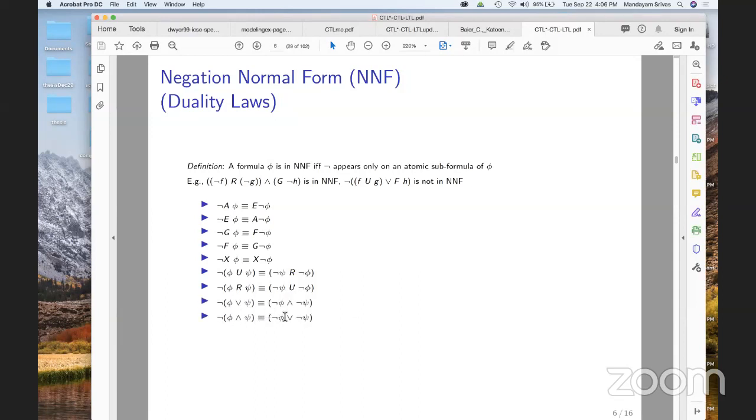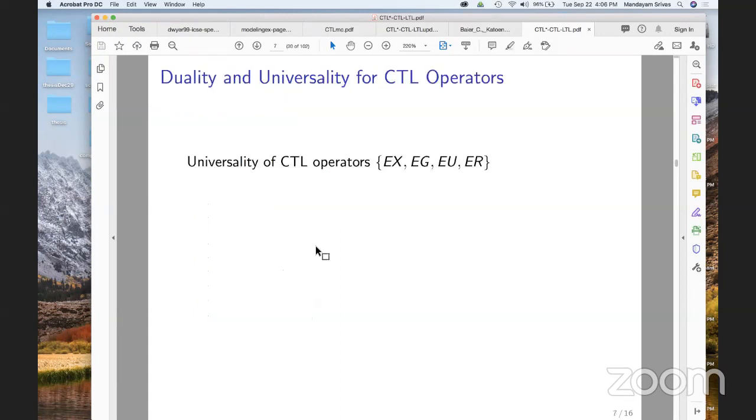So this is the classical ANDing and ORing of this thing. So those things will let you convert them into a negation normal form. That is something that you should be aware of, that you can push a not all the way down.